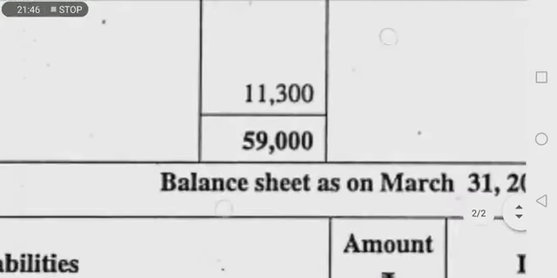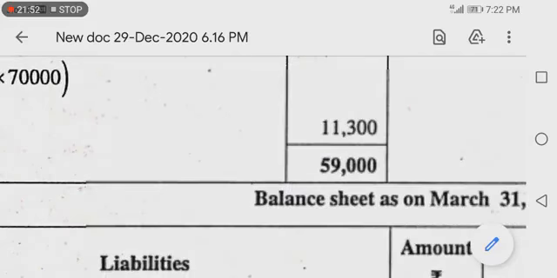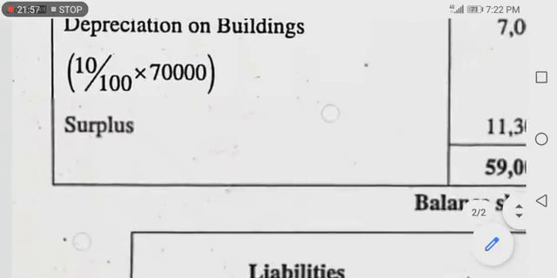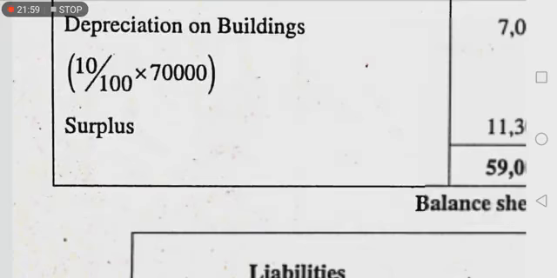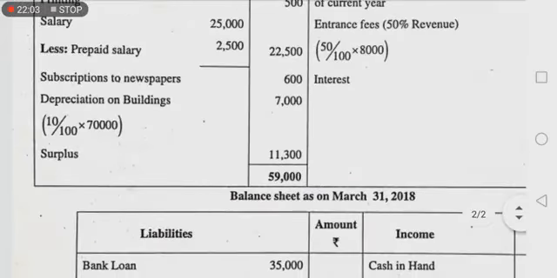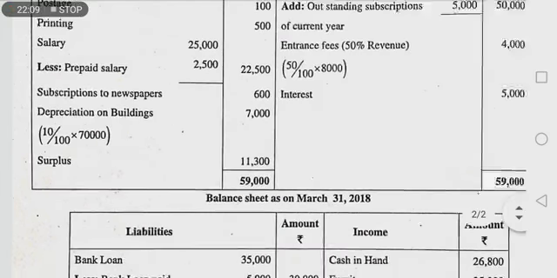There you will get the shortage of amount, that is 11,300. If the debit side shows the shortage amount, that shortage will be treated as surplus. They have written surplus, the amount rupees 11,300. It is the excess of income over expenditure, treated as surplus.